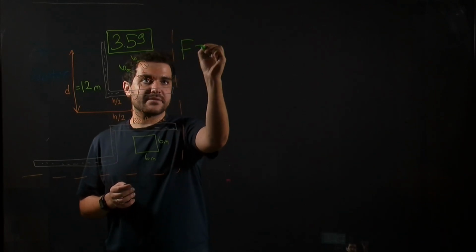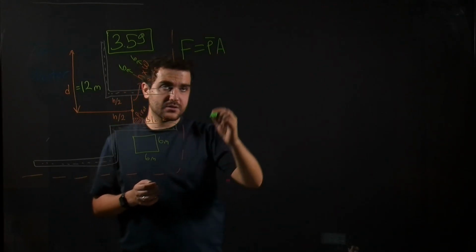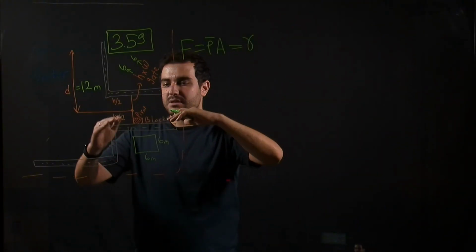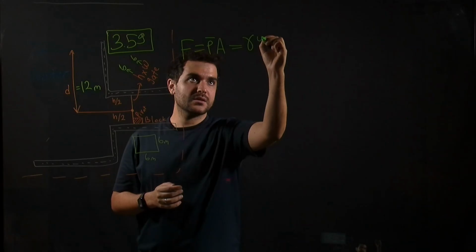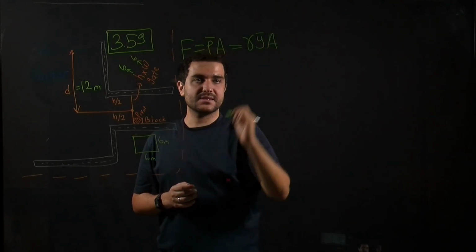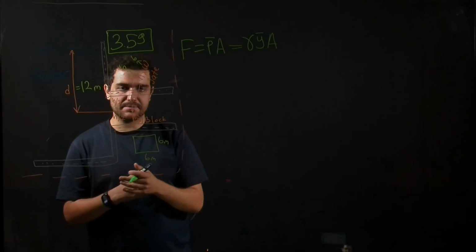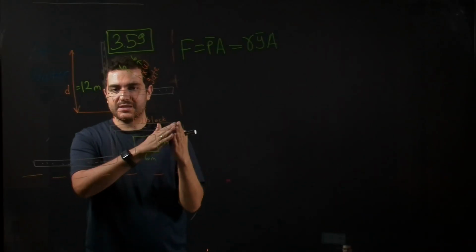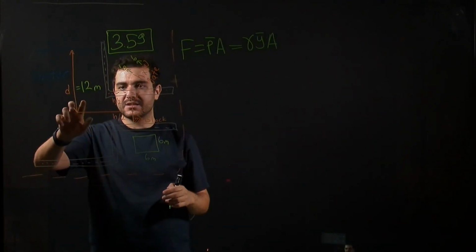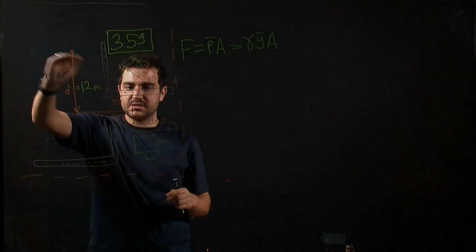So if you remember, F is equal to pressure times area. Or in other words, we can say pressure was equal to specific weight times depth of centroid, let's say y bar, times area of this gate. And this question is actually easier than the previous one because we don't have slant height, we just have this centroid. So we can directly get the centroid depth, which is 12 meters from water surface to the centroid.